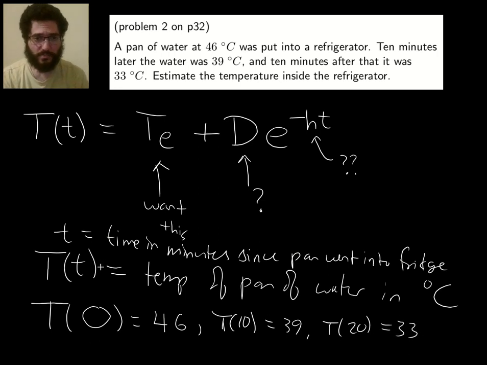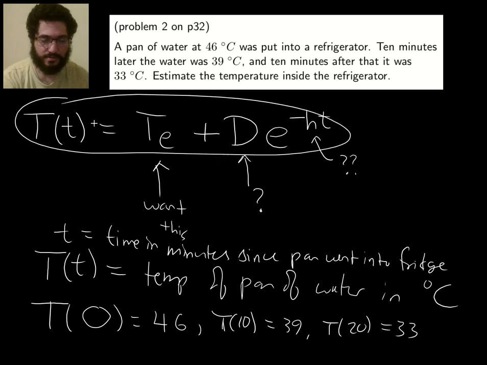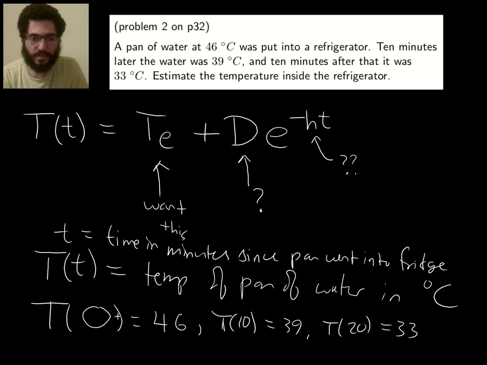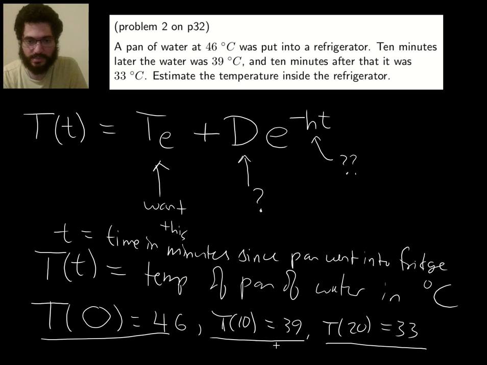So if you know the form of the solution, it just has a bunch of unknowns in it. Then if you want to, you could just write these 3 equations down, right? For this one, I would just plug in 0 for t and set it equal to 46. This one, plug in 10 for little t and set it equal to 39. This one, plug in 20 for little t, set it equal to 33. That gives you 3 equations, and there are 3 unknowns, right?